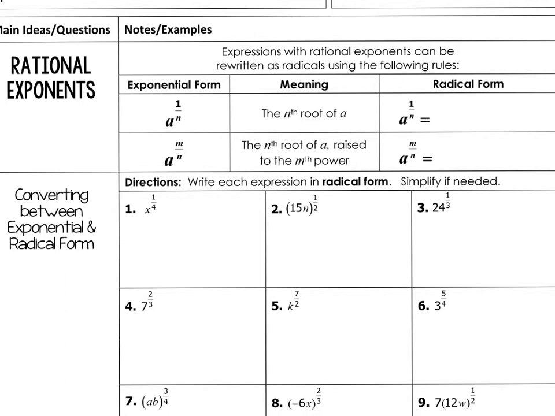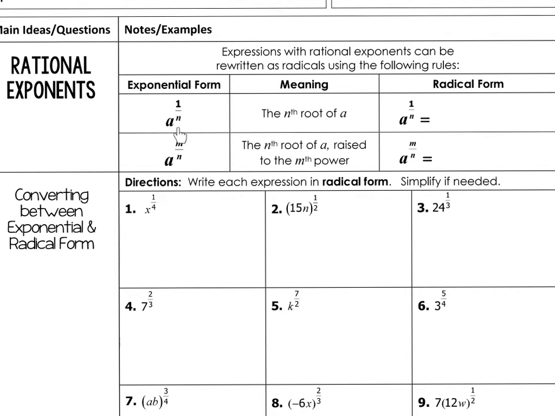So for our first part of this, you need to look at, here's a base with a fractional exponent. That's what a rational exponent means. And so all you need to understand is how you go from the exponential form into what's called the radical form. So when we have a fractional exponent, the denominator of that fraction is the index of our radical form.